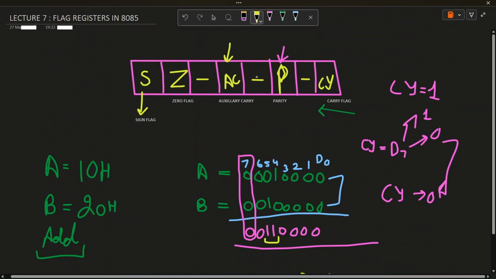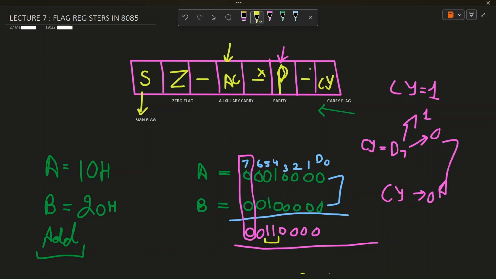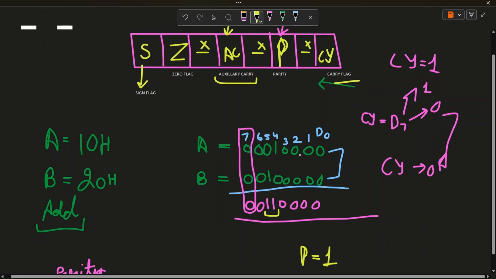Then comes our auxiliary carry. In these blank spaces, we can even put a cross denoting that there's nothing in these cells. Then comes our AC. AC is your auxiliary carry. It is for the same purpose as the carry flag, but here we check the third bit.